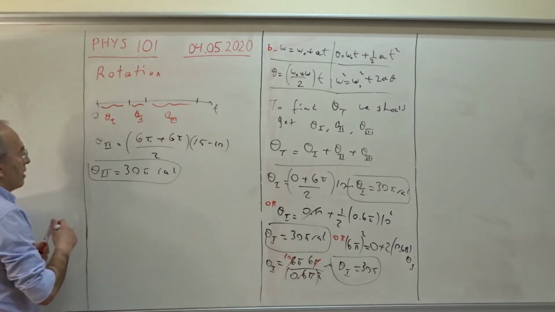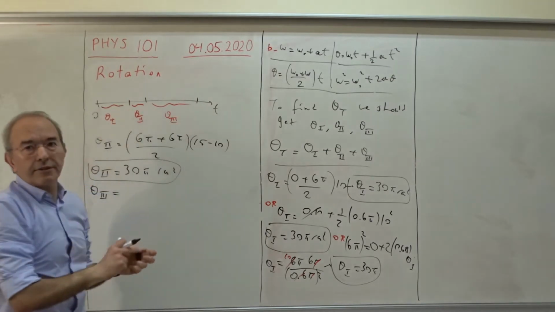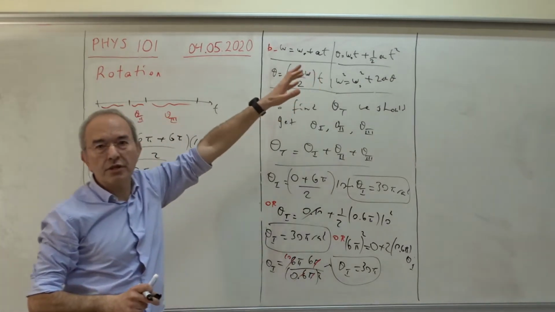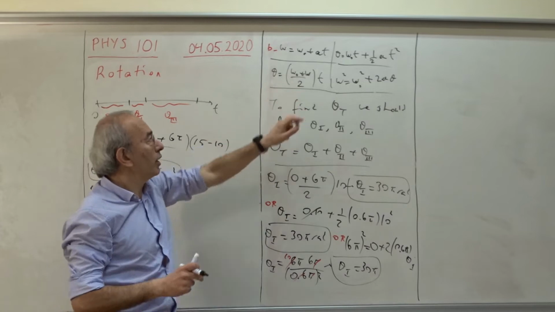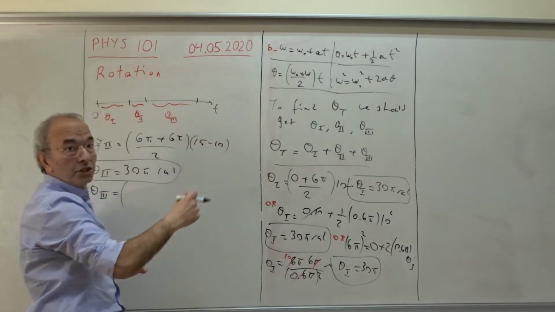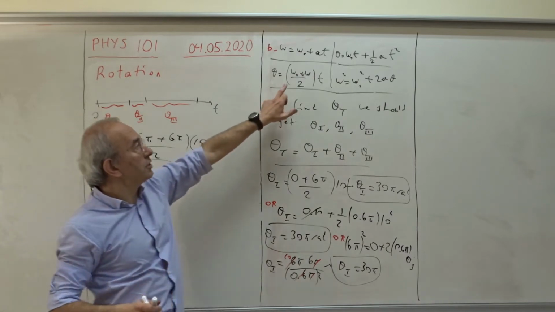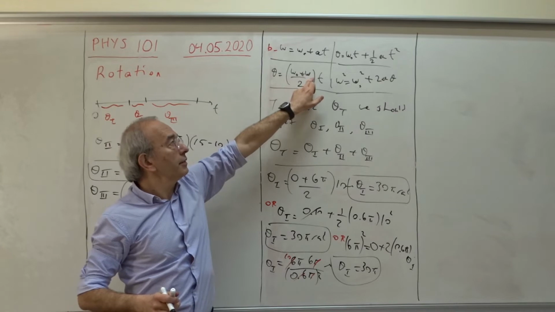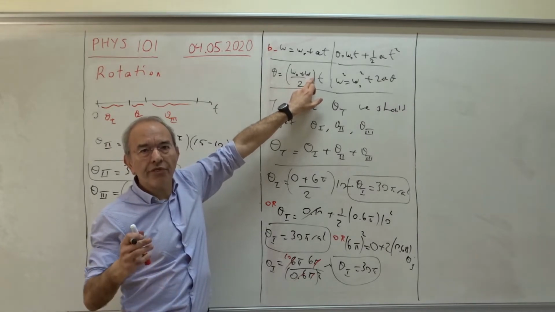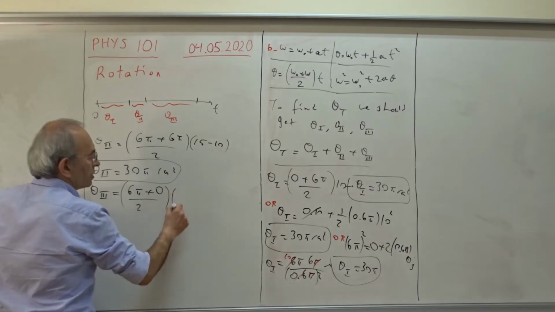Now theta 3. In the last part, again we can apply one of these equations. For instance, if you apply this one, final speed plus initial speed is 0 plus 6 pi, because it starts with 6 pi and ends up with 0 at the end, it stops. Divided by 2, and what is the time interval?